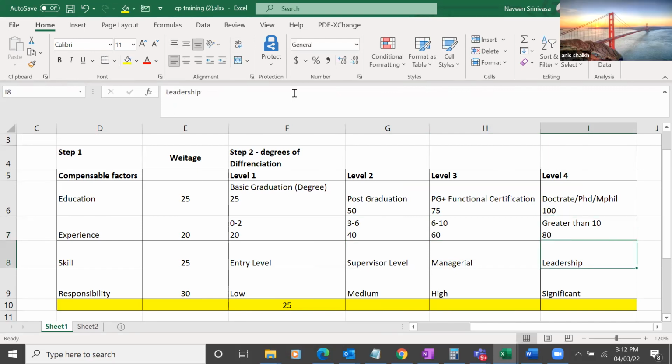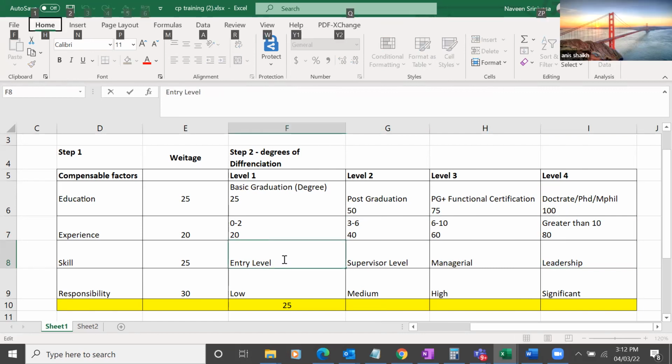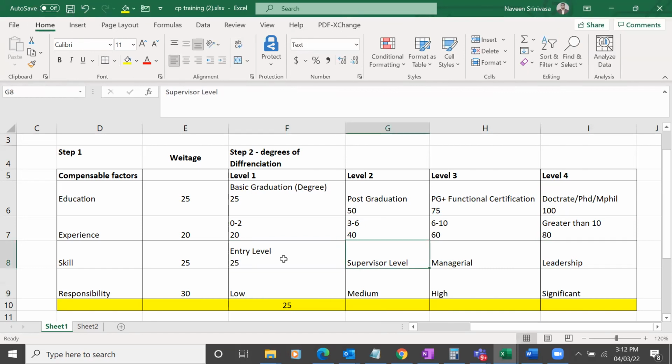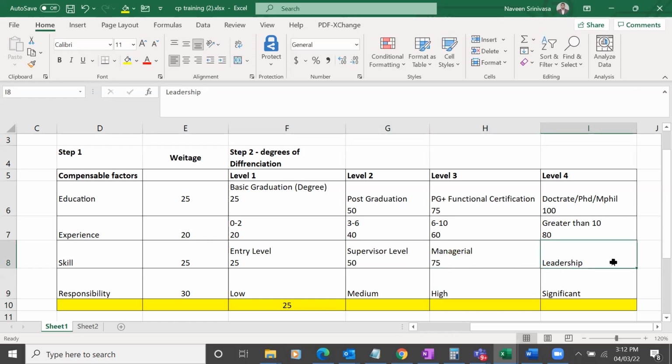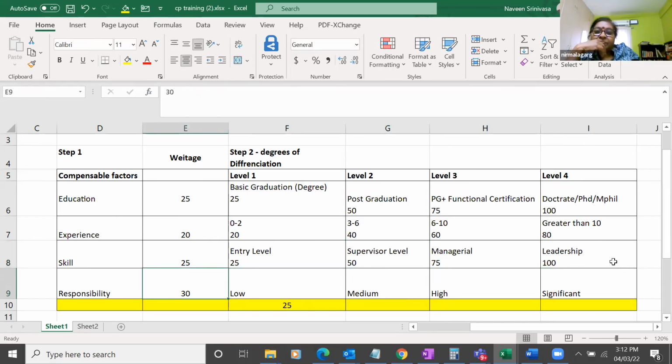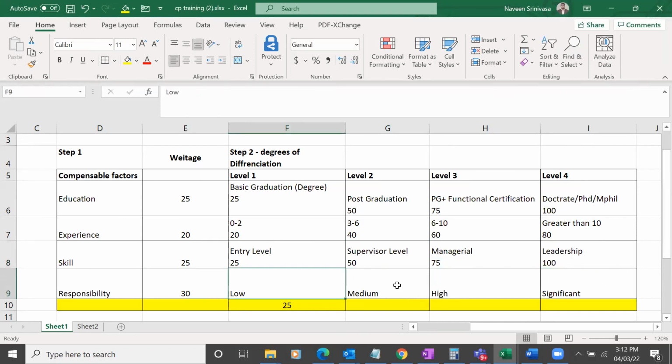Good. Next one, same scoring as education: 25, 50, 75, 100. Very good. Then 30, 60, 90, 120.